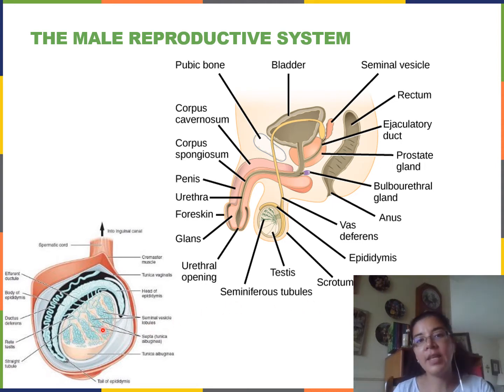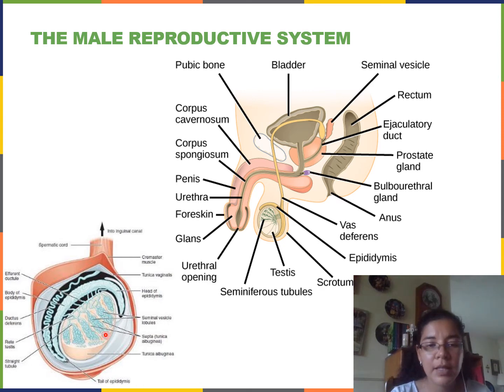They form on the edge of the tubule, and as they mature, they are undergoing meiosis, meiotic division. They move towards the lumen, the hollow center of the tubule, and that's where they start maturation. It takes about 9 weeks for a sperm to form from a spermatogonium, the initial stem cell, and then for us to get 4 sperm cells.